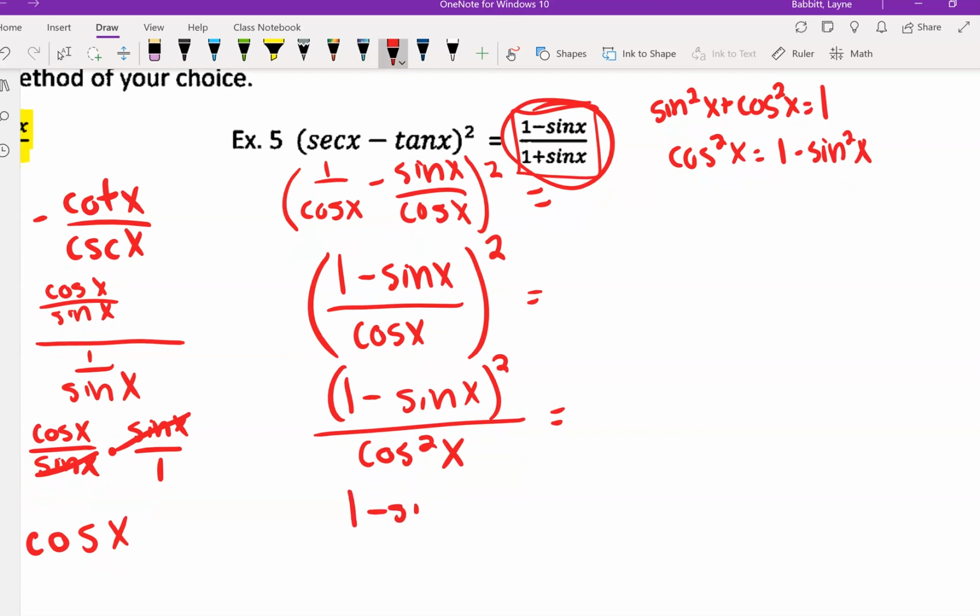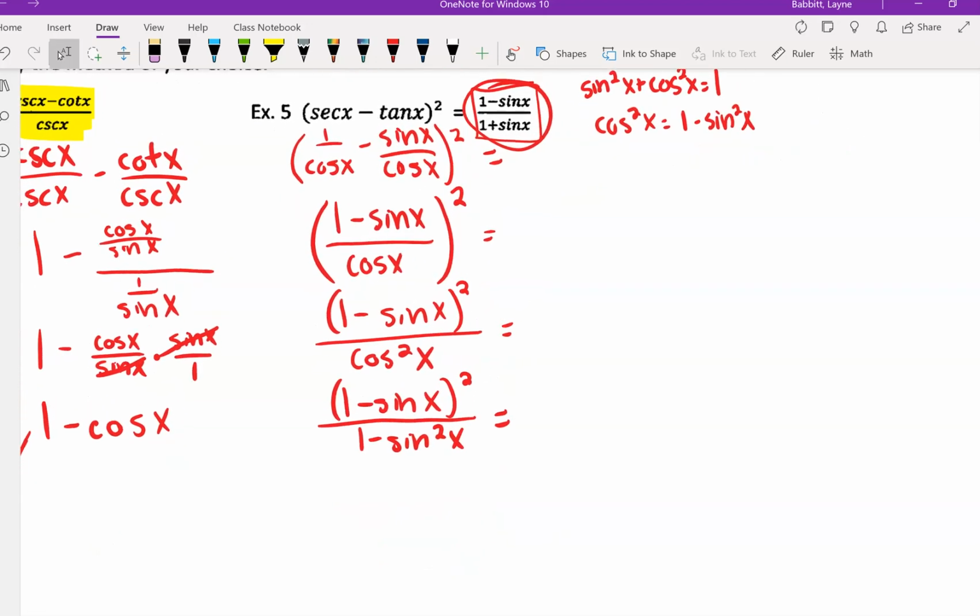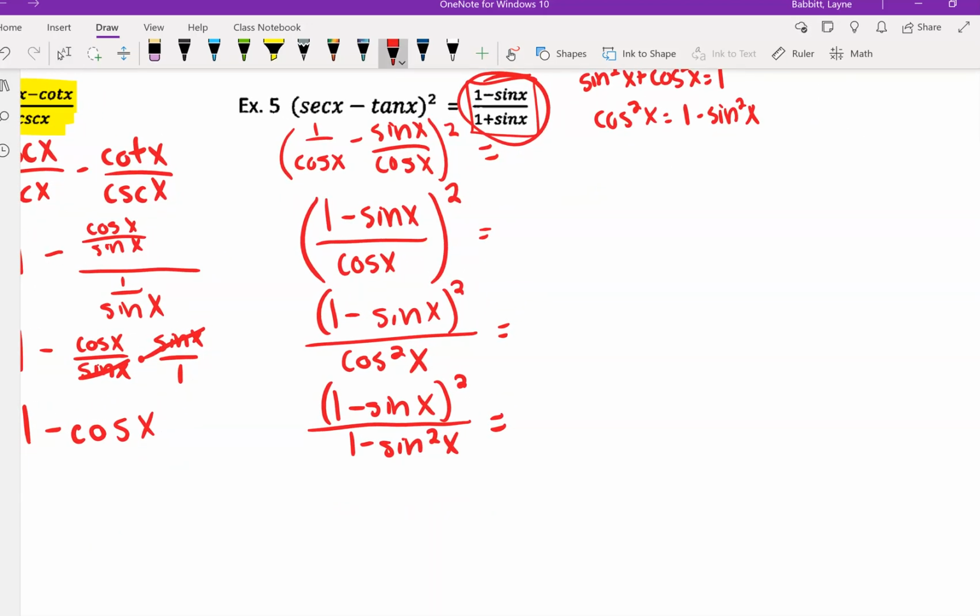We'll have 1 minus sine x, that whole thing squared on top. And then on bottom, we'll have 1 minus sine squared x. Next thing I'm going to do is, I'm just going to rewrite 1 minus sine x over 1 plus sine x.